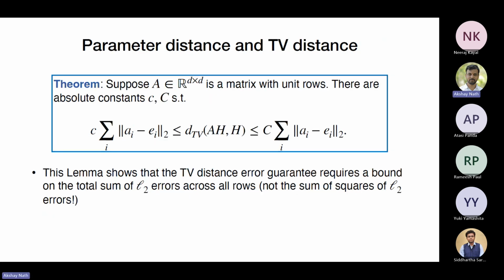I'll talk more about why the parameter distance doesn't imply the TV distance. So parameter distance means just the distance between A and small b.